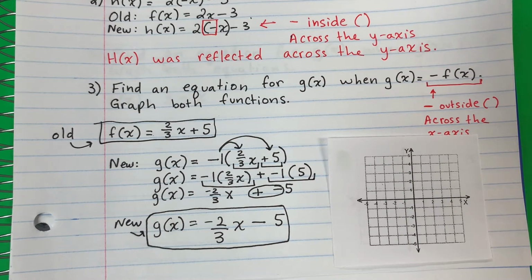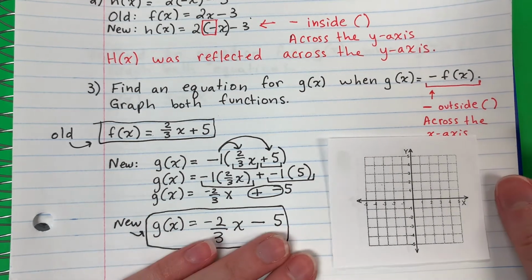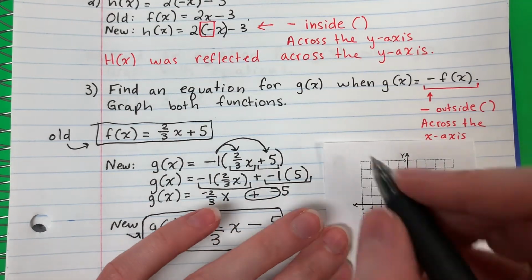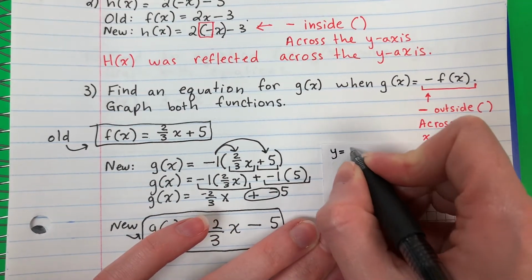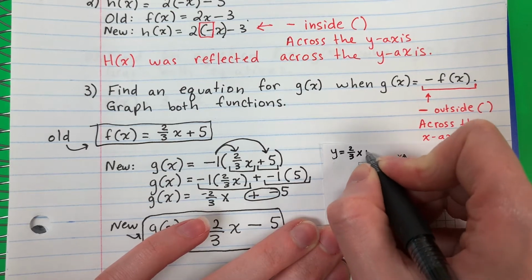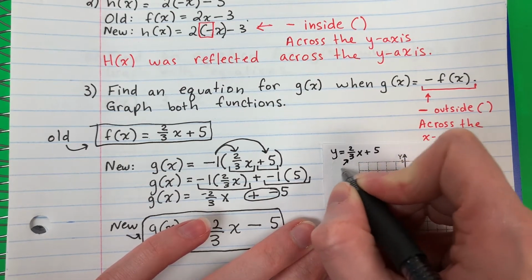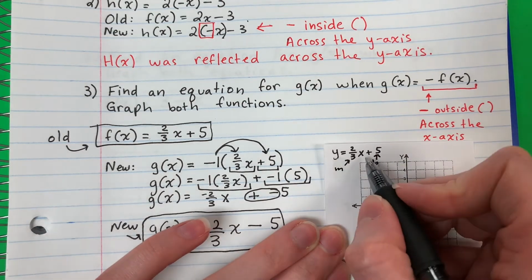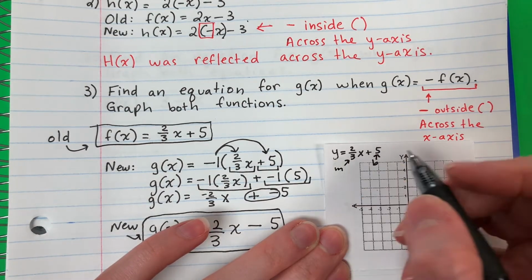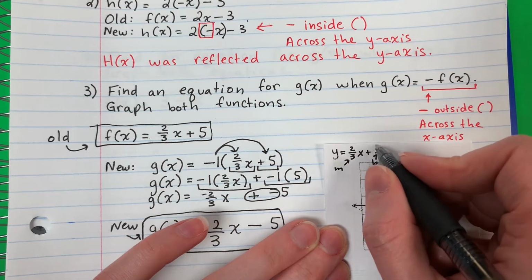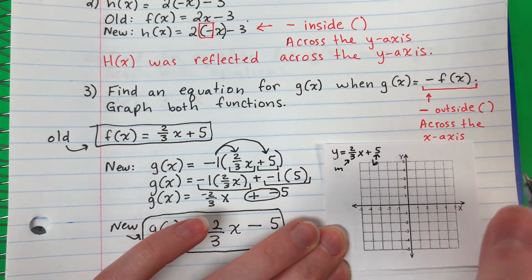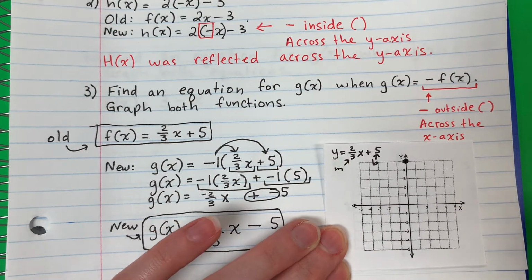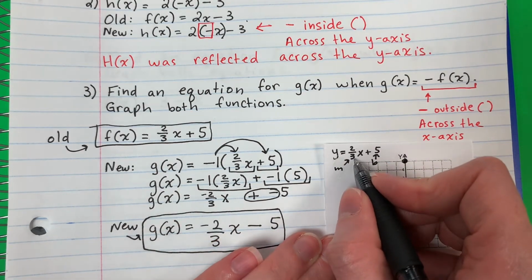So I have here y equals 2 divide 3x plus 5. This is m. This is b. M is with x. Okay, so 5 is the y-intercept, so that's right over here. And then the slope is 2/3.